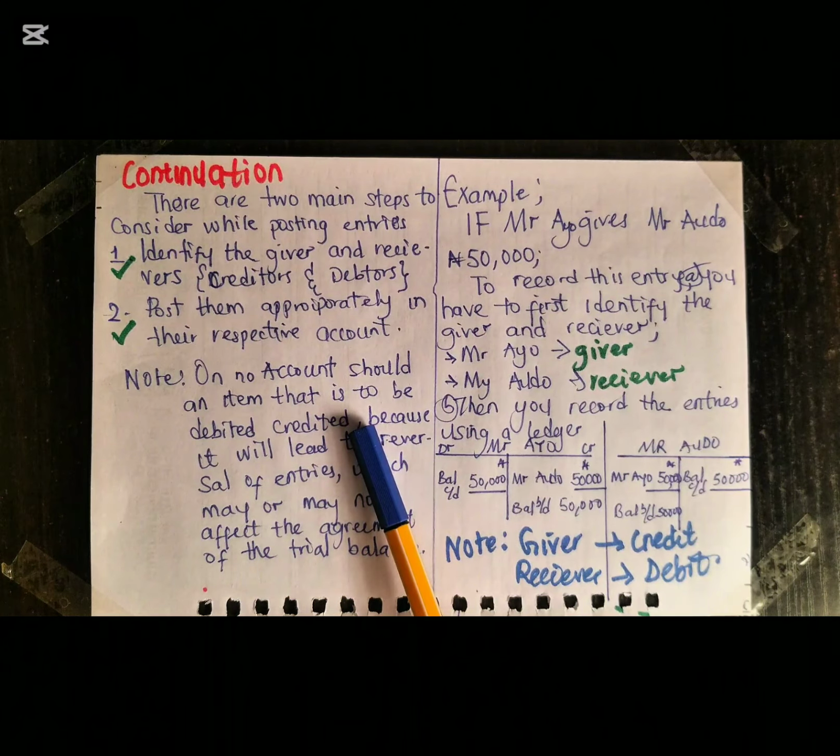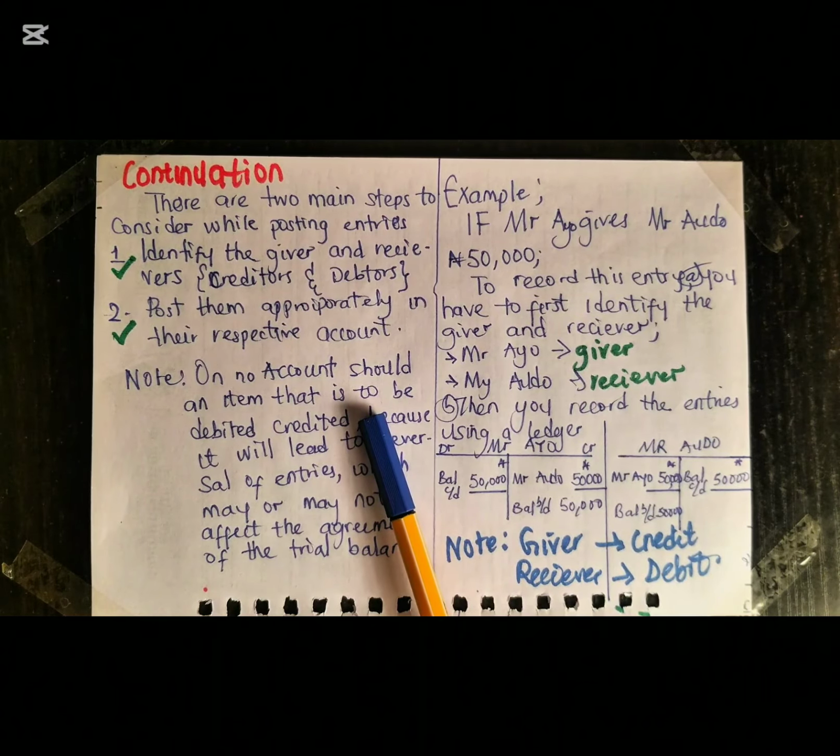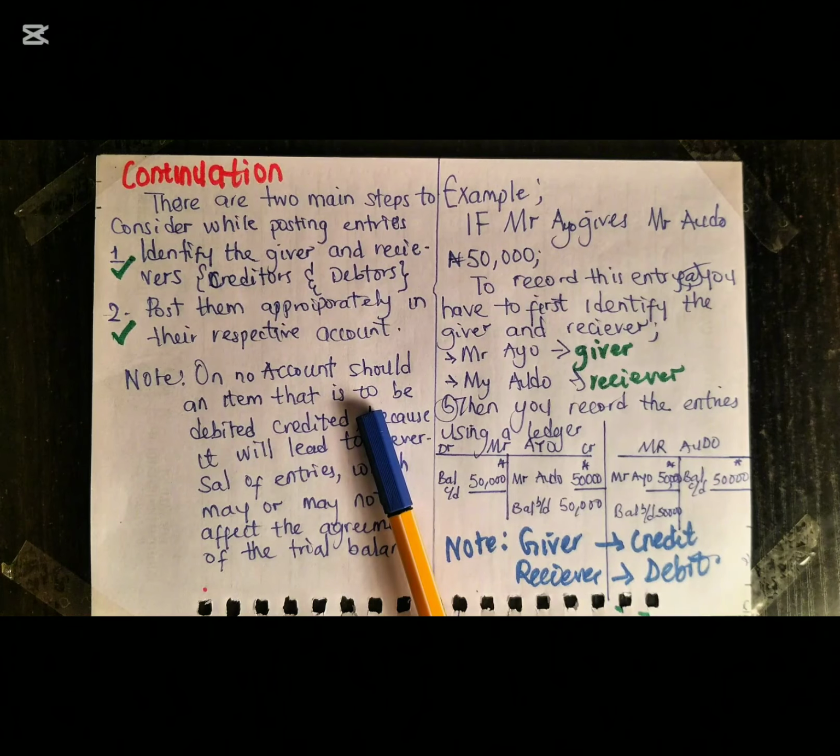There are errors that affect the trial balance, and there are errors that do not. I'm talking about an error called reversal of entries. The error that affects is called partial reversal of entry, while the one that does not affect is called complete reversal of entry.